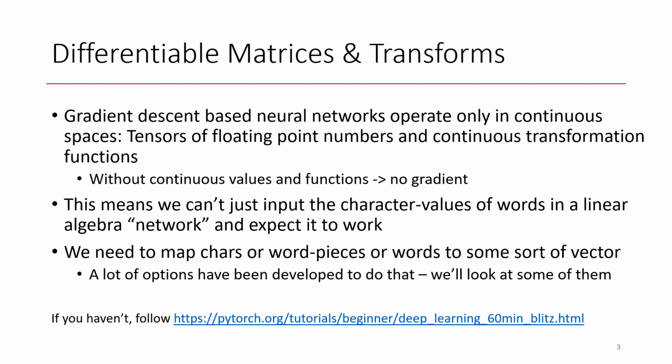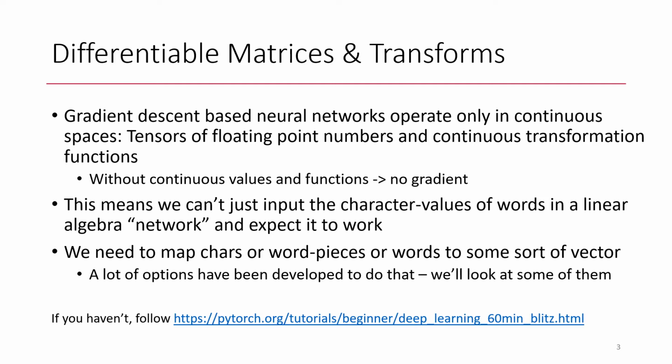So that means we need to have tensors with floating point values and continuous transformation functions that are differentiable. And without that, we don't have a gradient, so we can't update our network parameters in the right quote-unquote direction, because we just don't know in which direction we should go to improve our result.